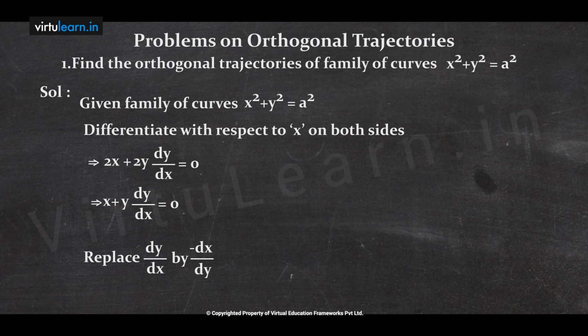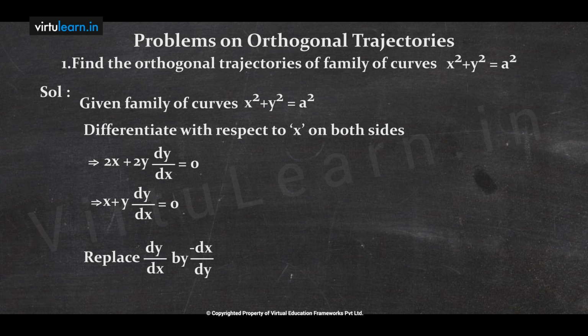Suppose the family of curves has slope m, that is dy by dx, then you need to calculate the perpendicular slope. If dy by dx is the slope, then the perpendicular slope is minus dx by dy. That's why I am replacing dy by dx by minus dx by dy.